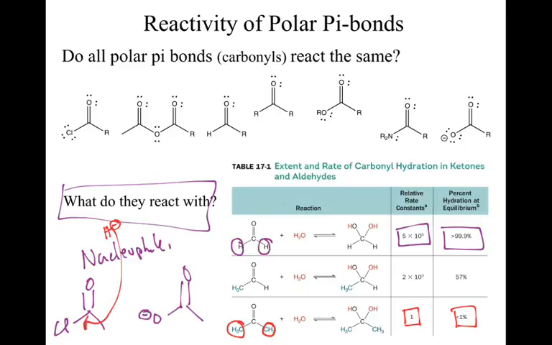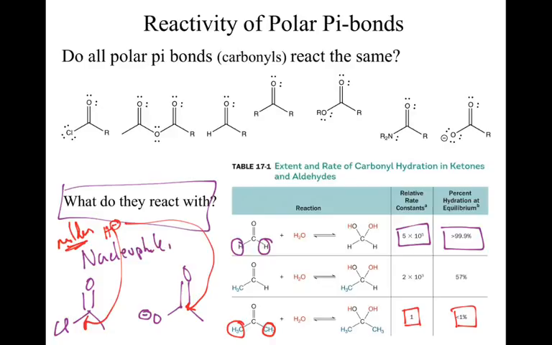H minus with the chloride or H minus with the acid salt? Well, the chloride will react faster. If it's going to react that much faster, I can probably use a milder nucleophile, which means I'm more safe.